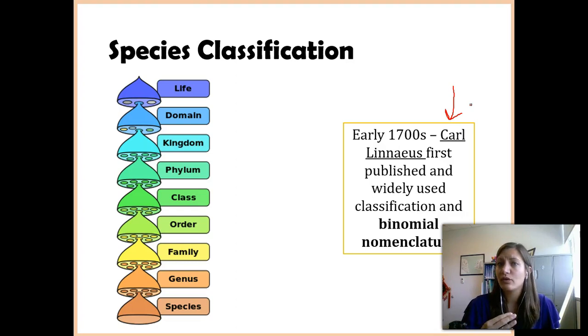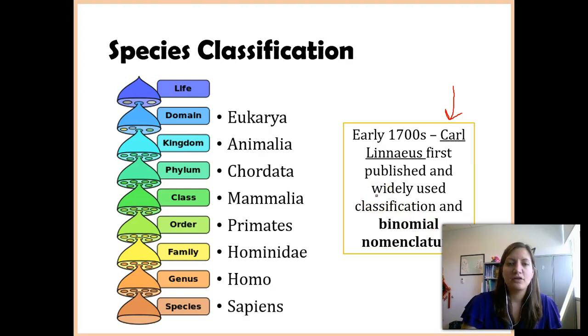And it's used worldwide. It's used in scientific papers, it's used in popular magazines. He created this classification going all the way from life, so everything, to a species. It's used to name organisms, but also to group organisms that are similar to one another.